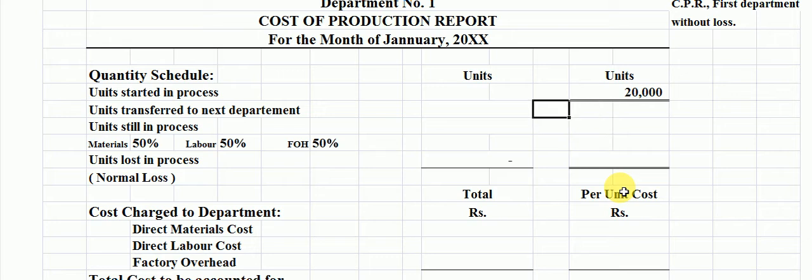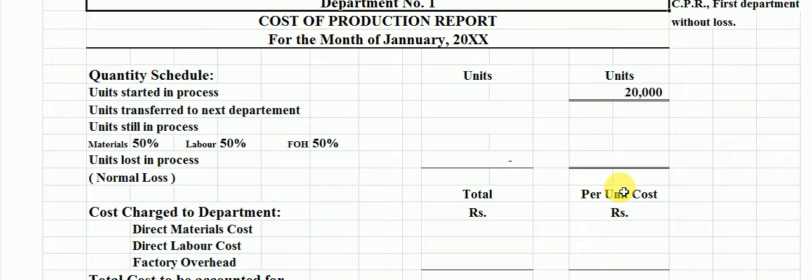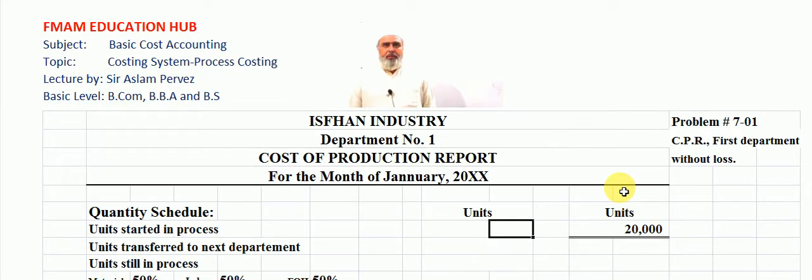Units completed and transferred to the next department are 18,800 units.